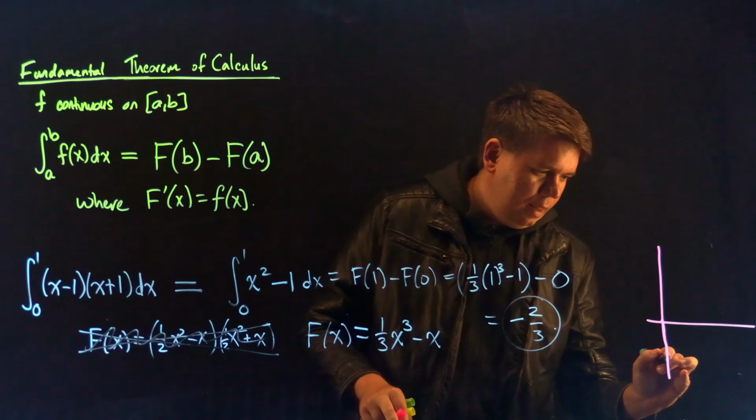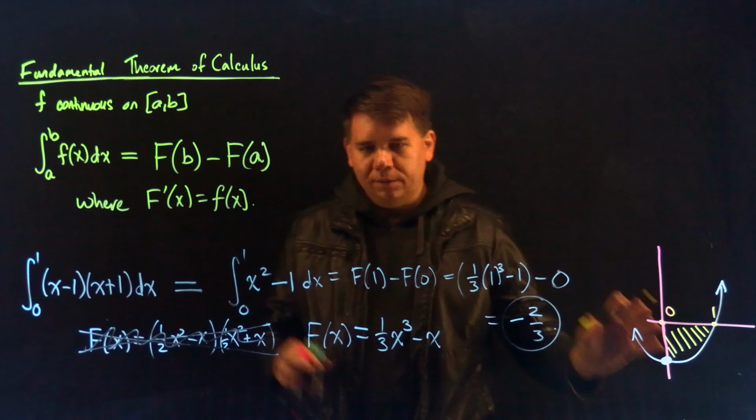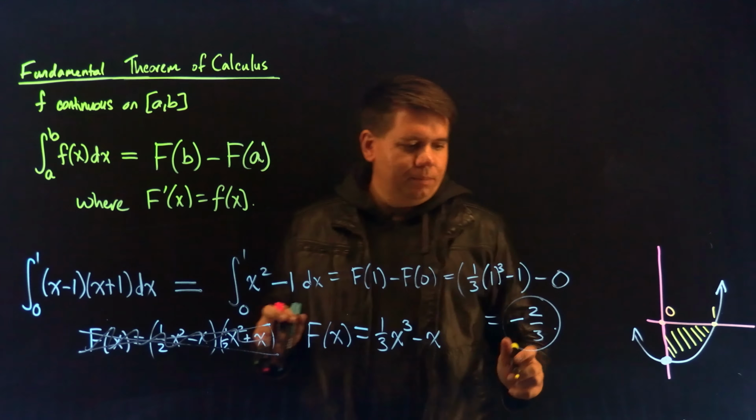And we found the area from 0 to 1. And since that's area below the x-axis, it came out to be a negative number, right? So this came out to be negative because it's area below the x-axis. So just a little reminder sometimes that this is signed area. Positive for above, negative for below.